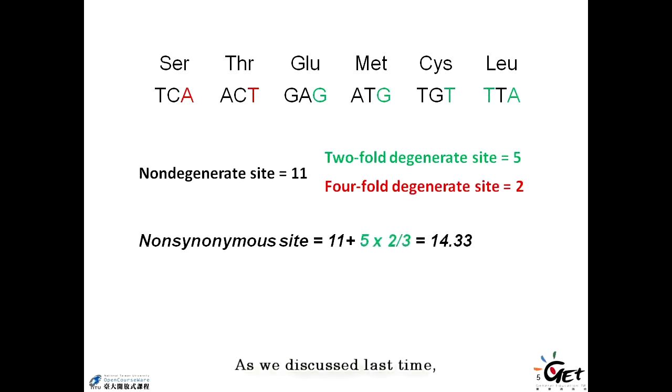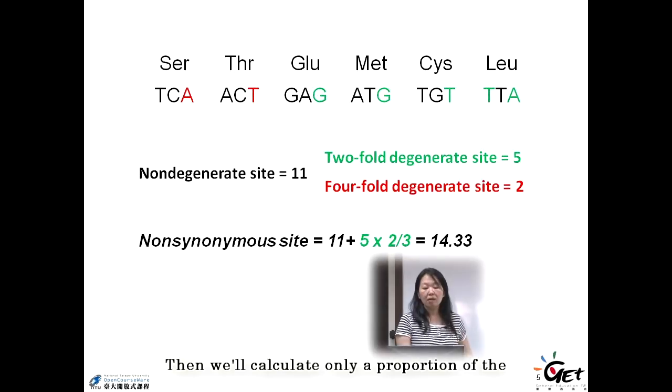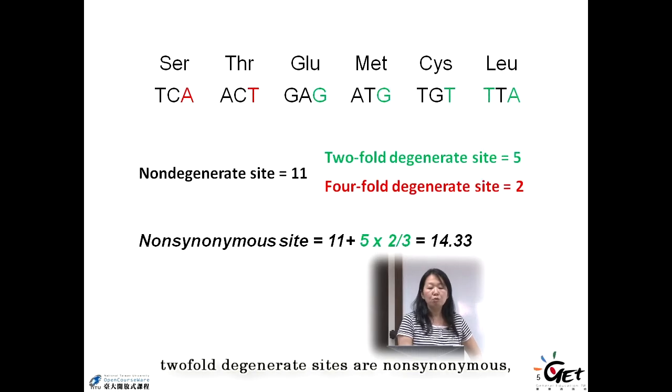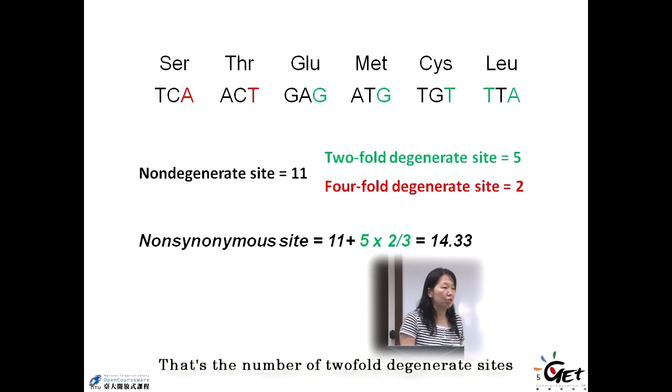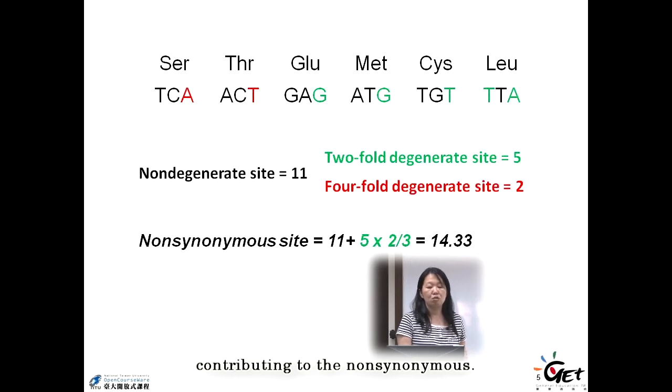As we discussed last time, all the non-degenerate sites are non-synonymous sites. So the black 11 is now down here. Then only a proportion of the 2-4 degenerate sites are non-synonymous. That's 2/3, right? So 5 times 2/3. That's the number of 2-4 degenerate sites contributing to the non-synonymous sites.